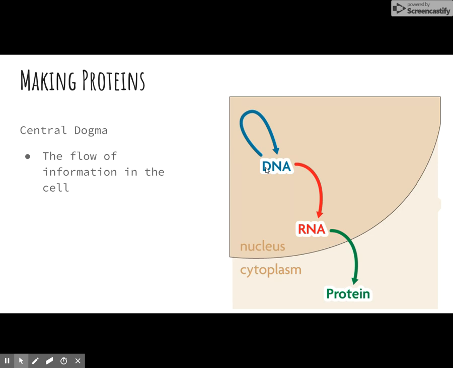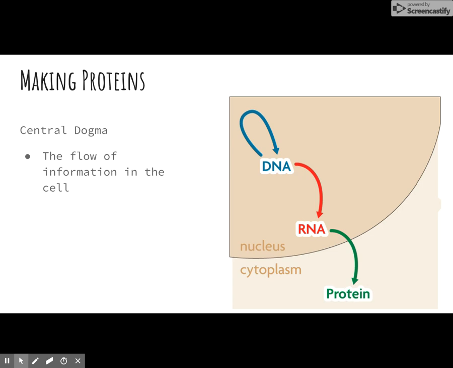But DNA is a format that our cells can't use or read. It's like having an instruction manual for a piece of furniture written in Swedish. Most of you probably don't know how to read or write or understand Swedish, so you would have to take that instruction manual and convert it into a language you understood before you could actually make your piece of furniture.